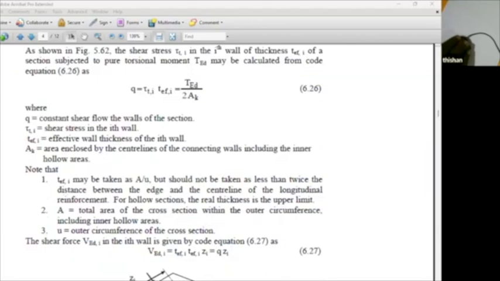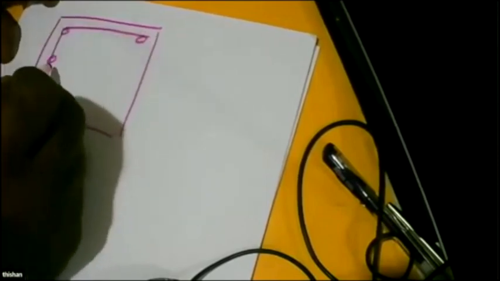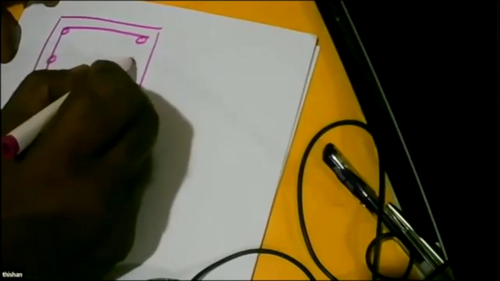Now, when you are calculating this thin section, the thickness is taken as A/U, but should not be taken as less than twice the distance between the edge and the center line of the longitudinal reinforcement. So what it says is, when you have a rectangular or a square section, here we provide reinforcement, and we have links, and then we define a thickness for the section.